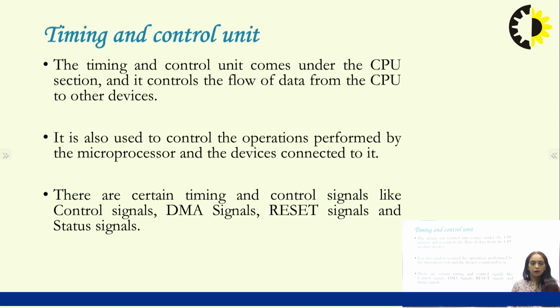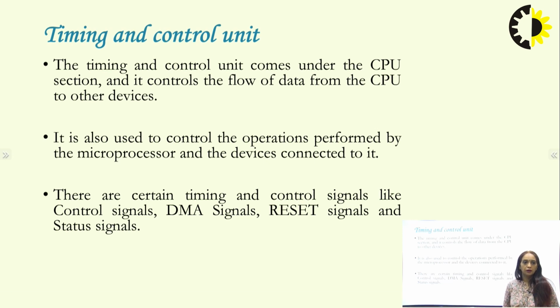The hold signal, whenever your DMA wants to send some data to the peripheral device without intervening of microprocessor, it will send the hold signal to microprocessor. Microprocessor will complete its current instruction which is to be executed, and release its address buses and data buses. And microprocessor will send back the hold acknowledgement signal that now my resources are free, my address buses, data buses and control signals are free, and you can use my resources.